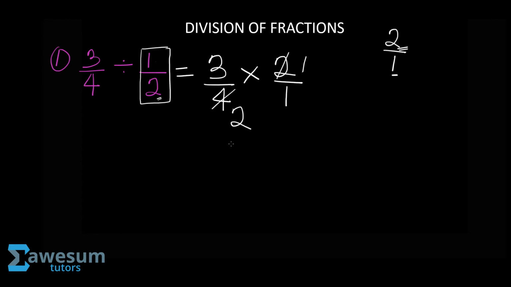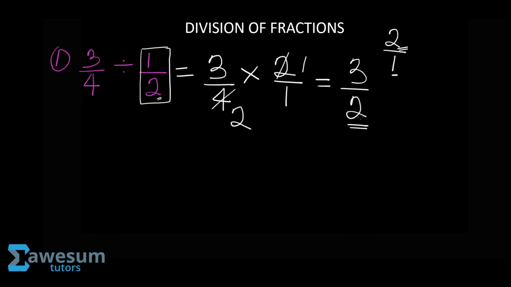So if you take a look at this, nothing can divide anymore. So I'm going to have 3 times 1, that is 3, and then 2 times 1, that is 2. So my answer is going to be 3/2.